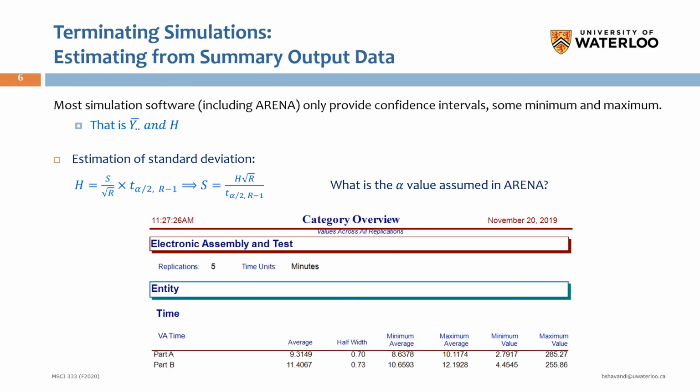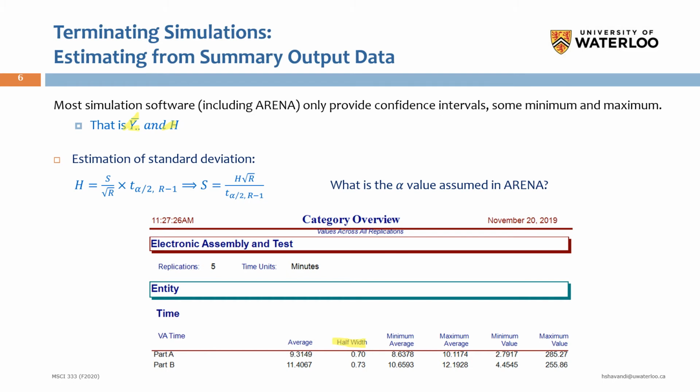When we're using Arena, it provides the confidence interval, and some other applications may provide the minimum or maximum on the point estimator. So usually we do have y bar dot dot and h. As you see here, this is a screenshot of the result obtained by Arena, and we do have the half width here.